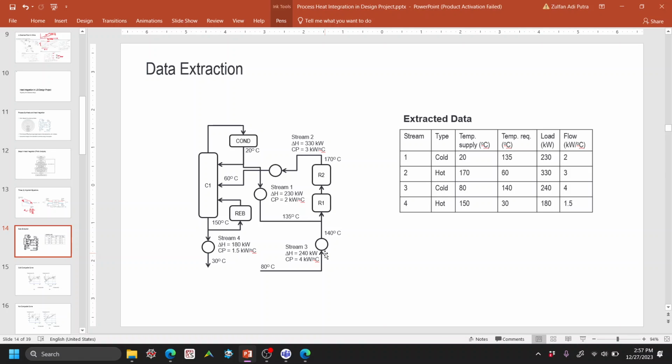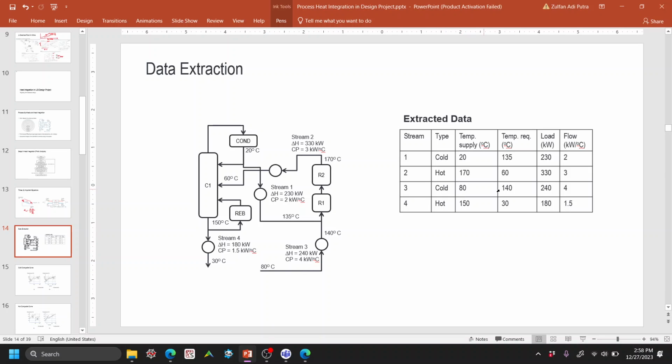These steps, maybe some of you may know this already, but nonetheless, just to give you some confirmation. So we have, I put here stream 3 for example. Now you can use stream 1 as well, but nonetheless, we have a stream coming in at 80 degrees C, and then it needs to be heated up to 140 degrees C. So we can say 80 to 140 is the inlet and outlet temperature.